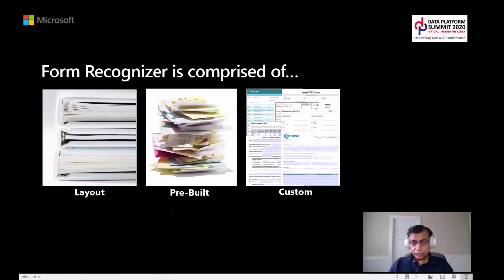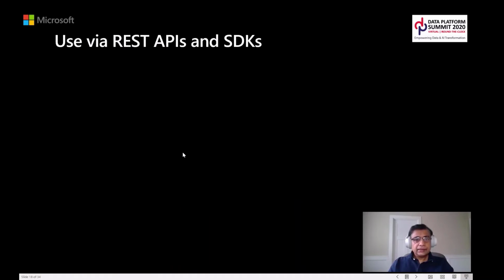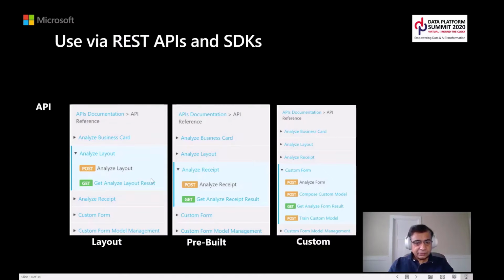Okay. So from a REST API and SDK perspective, the same three categories. So there are APIs available, and you will notice that for layout, pre-built, and custom, you have the corresponding REST APIs available. So in this case, you have the analyze layout and the get analyze layout result operation, similar to read and get read result operations here.